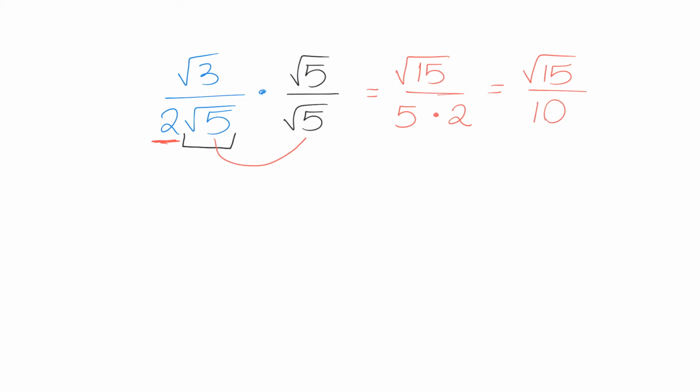Does root 15 break down any further? Can we simplify that? No, it only breaks down to 5 and 3. Okay, let's try one like that for you guys. So rationalize for me root 3 over 2 root 6. I'll wait, hit pause.